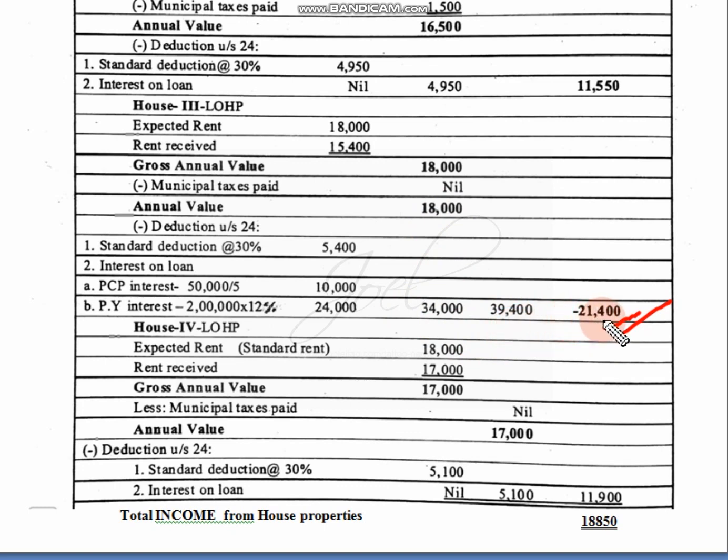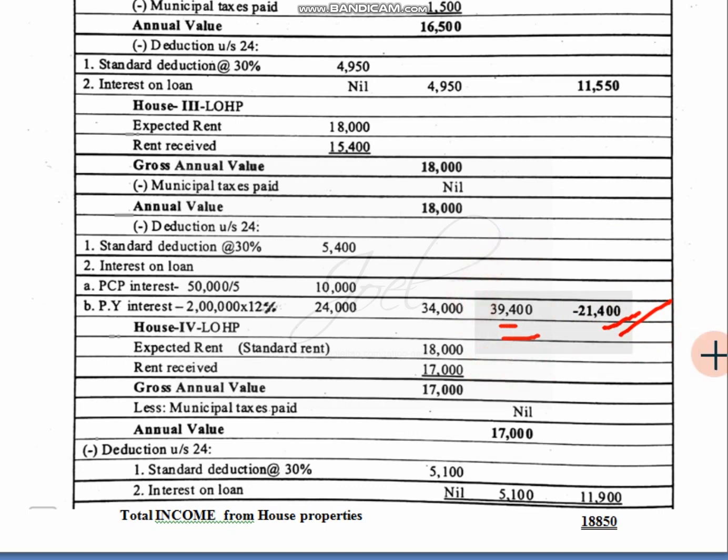So the final answer will be 21,400 negative. From 18 when you deduct 39,400 you will get 21,400.